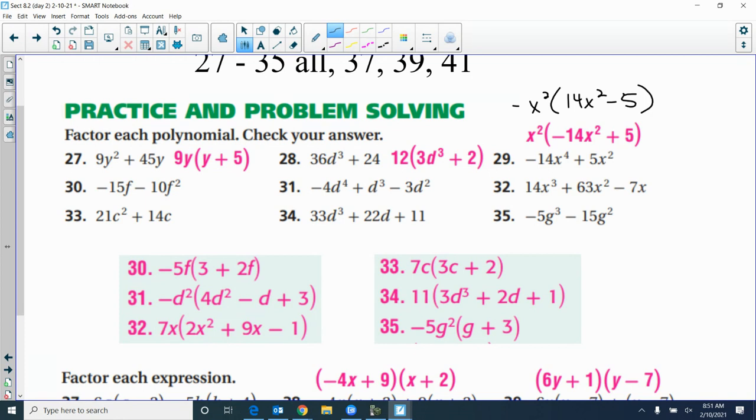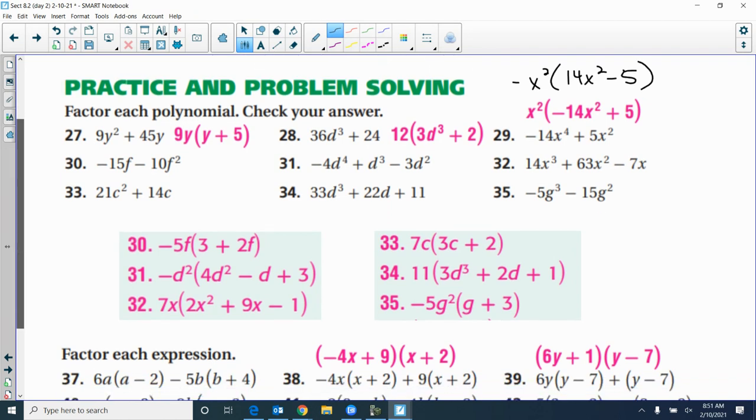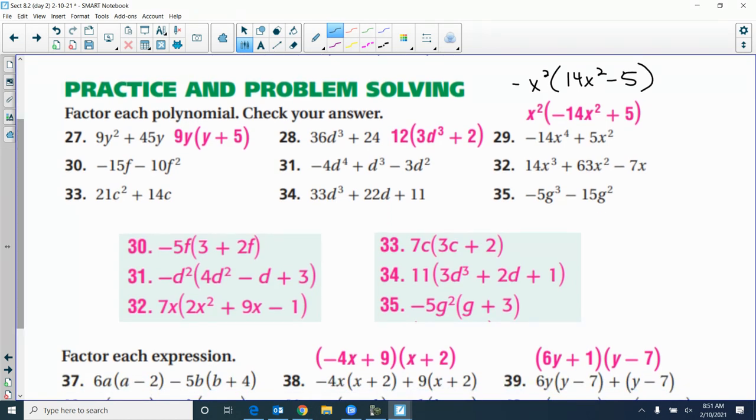So this is one where your GCF is just a variable. You don't have a constant. That's okay. That can happen. Now 30. Definitely if they're both negative, factor out a negative. Negative 5f. 3 plus 2f would be the inside. 31. Negative d squared. If that first one's negative, I like this GCF to be negative.